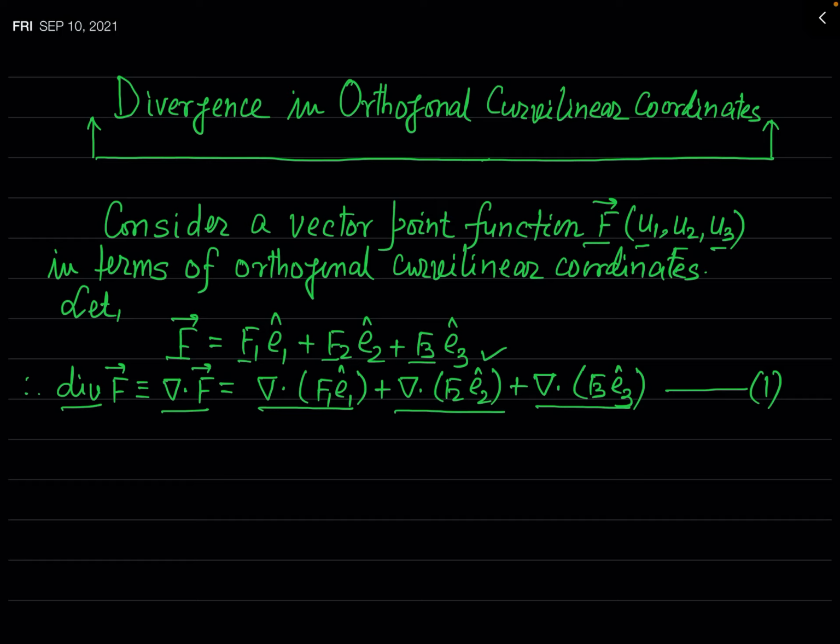Now, to know the value of this divergence of f in orthogonal curvilinear coordinate system, we will evaluate all these three terms in the RHS of this equation 1. So let us evaluate the first term, and when we get the value of the first term, just by analogy, you will be able to write the expression for the other two terms in the RHS of equation 1.